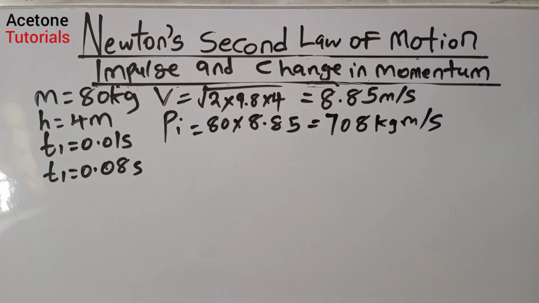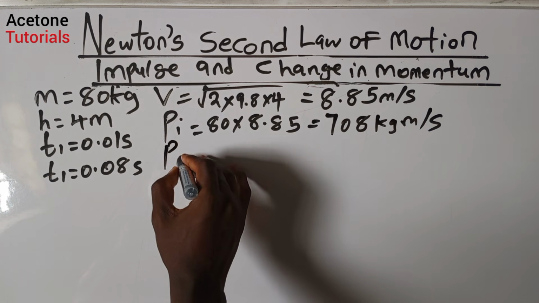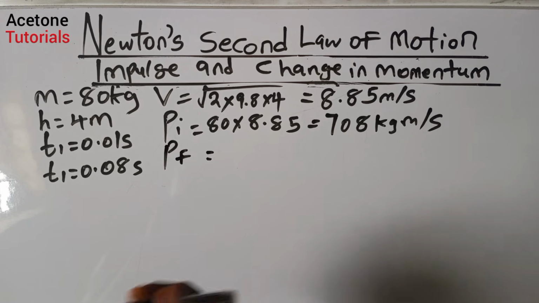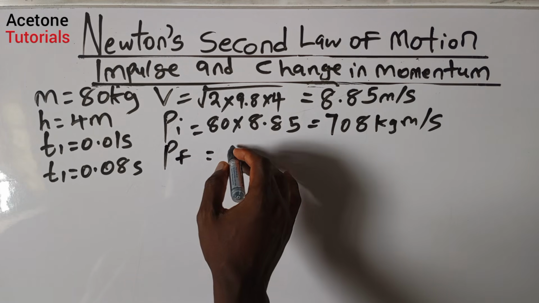Since the man is brought to rest, the final velocity is 0, so Pf is equal to m multiplied by the final velocity, which is 0. So the final momentum is 0.